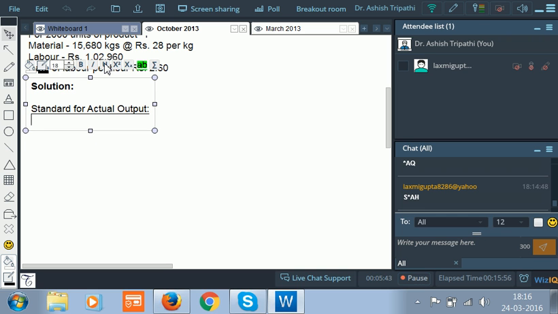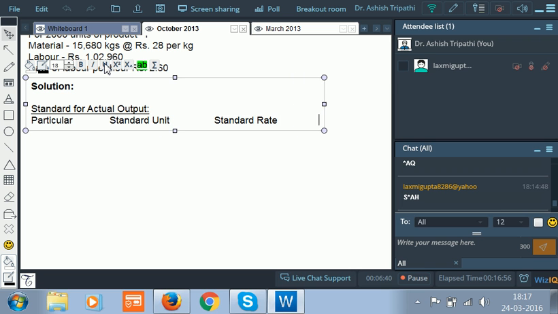Now in this we'll prepare 3 columns. Particular, standard unit, standard price, or you can say standard rate, standard cost.